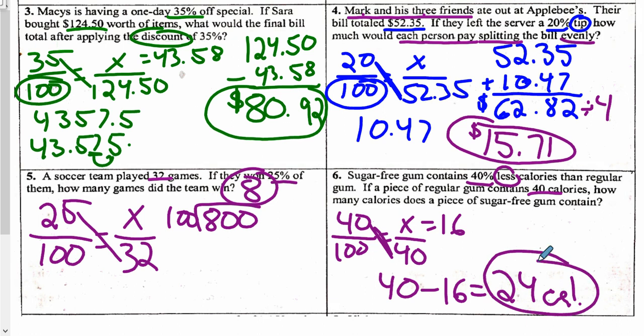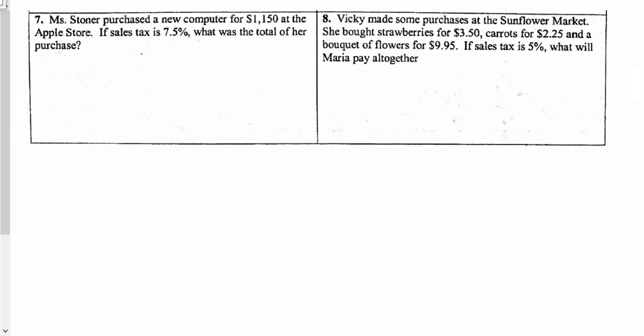Okay, number 7. Ms. Stoner purchased a new computer for $1,150 at the Apple Store. Sales tax is 7.5%. What is the total for her purchase? So we have our tax of 7.5 over 100 equals what we're looking for over her total.